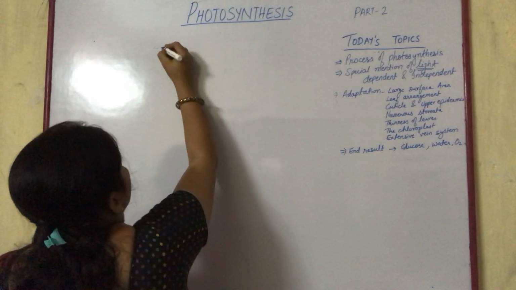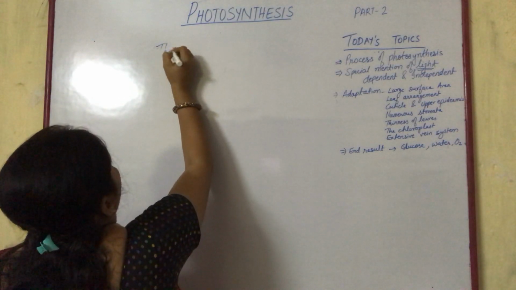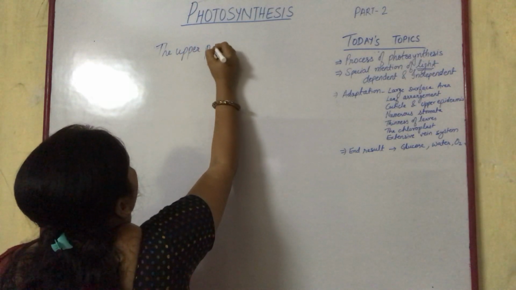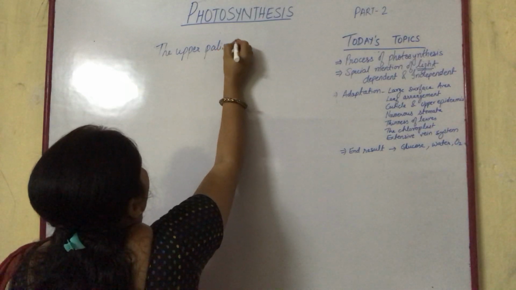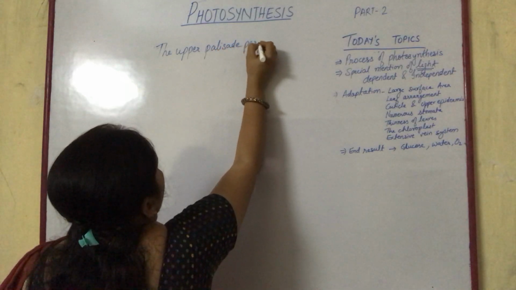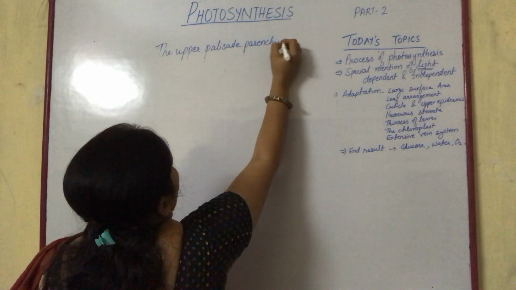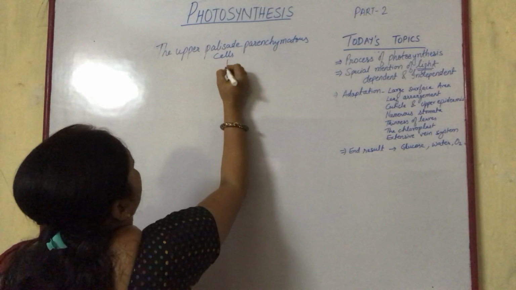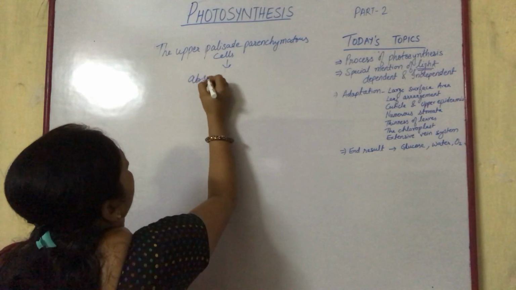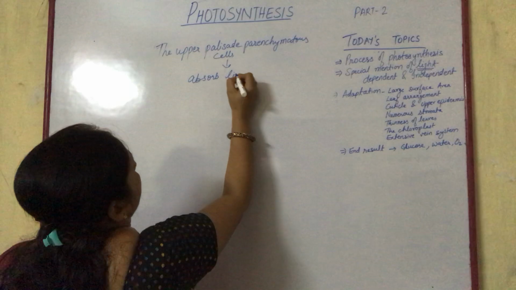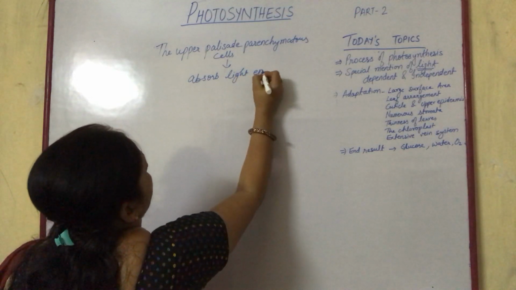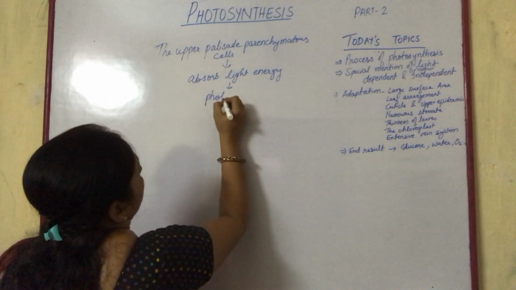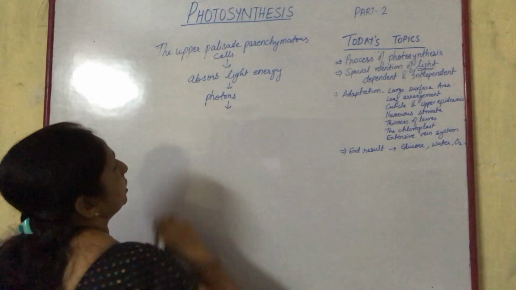So let's start with the first question, which is the process of photosynthesis. The upper palisade parenchymatous cells absorb light energy in the form of photons.